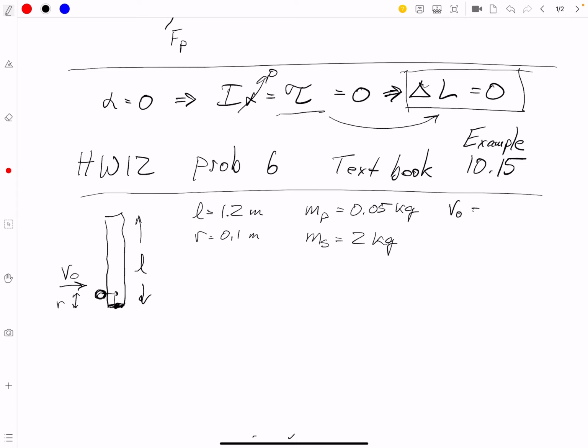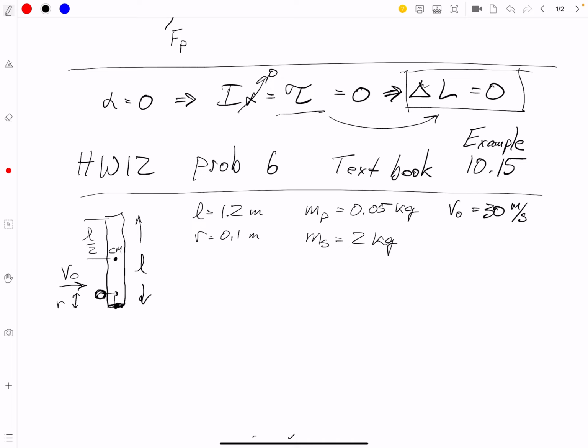That velocity was equal to 30 meters per second. The center of mass, it's a uniform stick, so the center of mass is right there for the stick, which is exactly L over 2. If that's L over 2, then the bottom side is L over 2 as well.